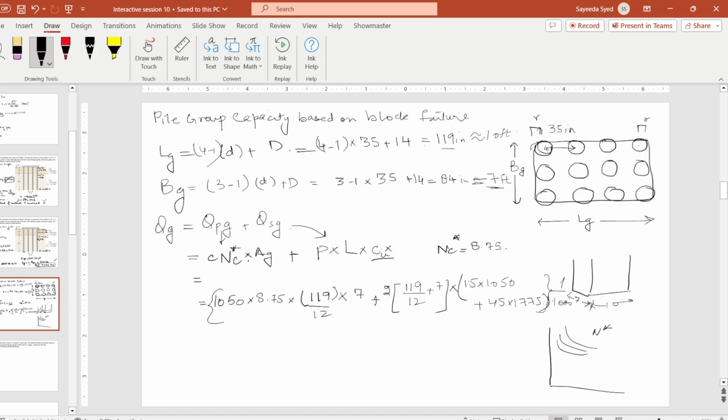Oh, this is 1775, because that is the CU for the lower layer.